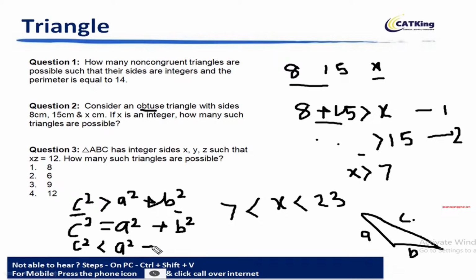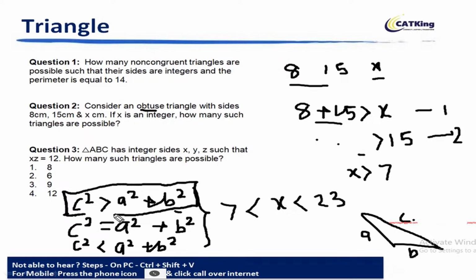So this is also a very important property, and I say you must note it down, because these properties can be useful in a variety of questions based on triangles. Here we are going to use this property, which is valid only for obtuse angle triangles. Right? c square is greater than a square plus b square.